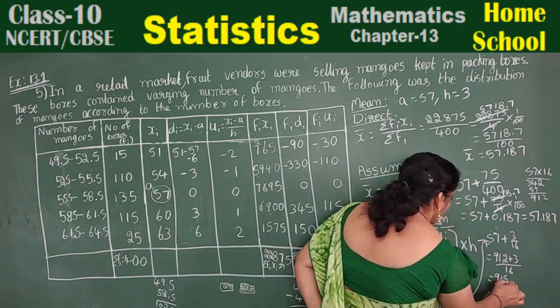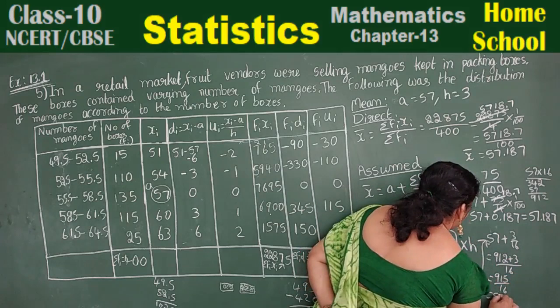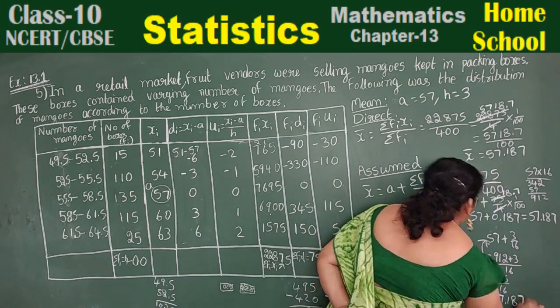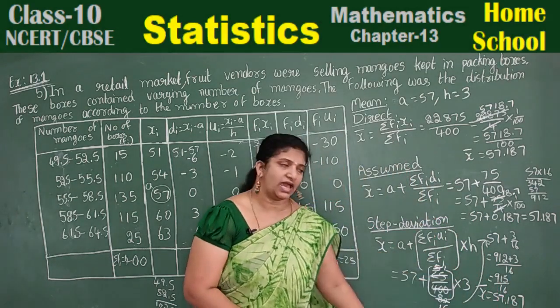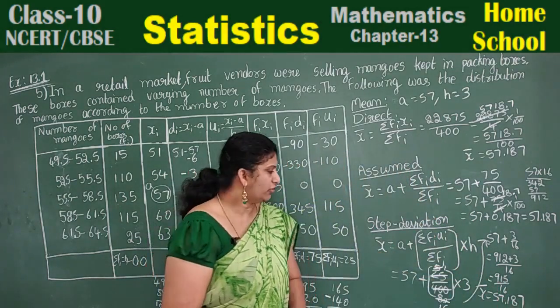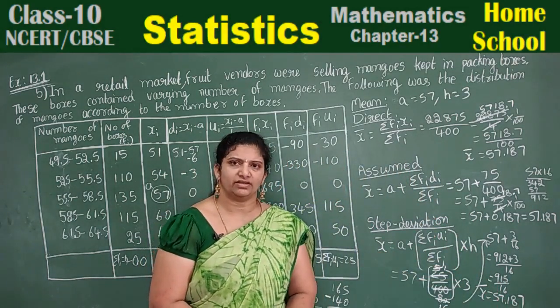If you divide, you are going to get a decimal value, that is 57.187. Just divide and see, 915 by 16. You are going to get 57.187.